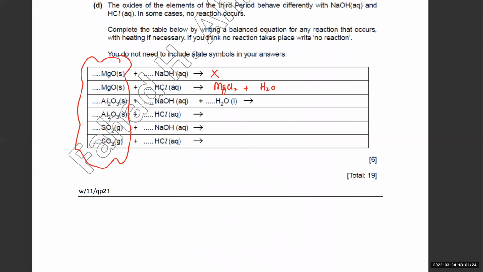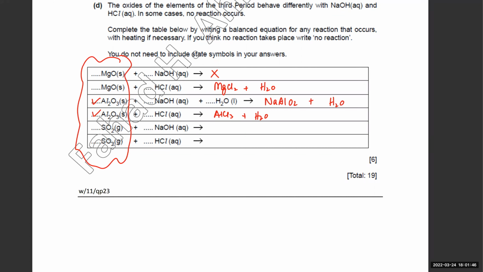So with HCl, it will form AlCl3. So it's going to react with both. And with NaOH, it would form NaAlO2 plus H2O, and you can balance this equation.